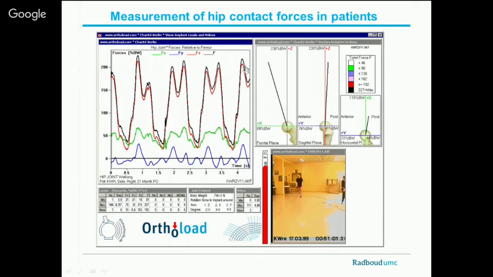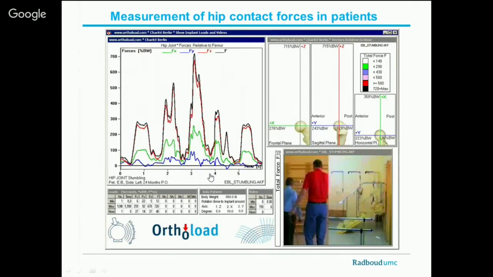Okay. What you can also see is this direction, is that it comes slightly from the front. So that is important with the screw prosthesis I just showed you. This is mild, but if you do stair climbing, for example, it comes more from the front. Okay, so this is how we know and how we measure the hip joint forces.